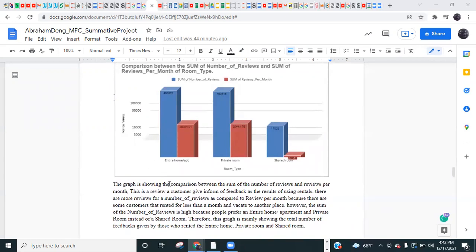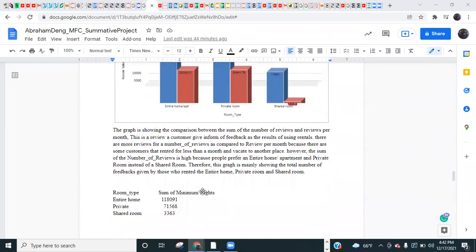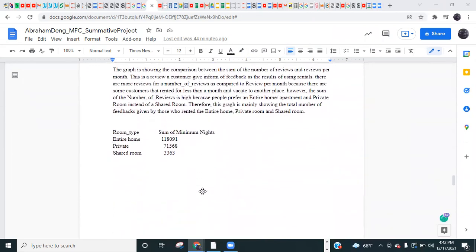We look at this graph and realize that there were many reviews on the entire home and private room as compared to shared, and these reviews per month are more. In our last review, we looked at the data, which gives us the room type and the minimum nights.